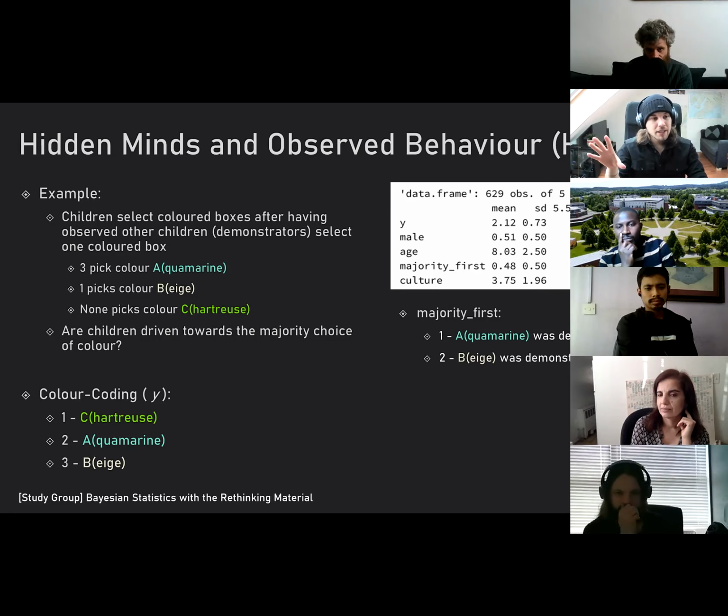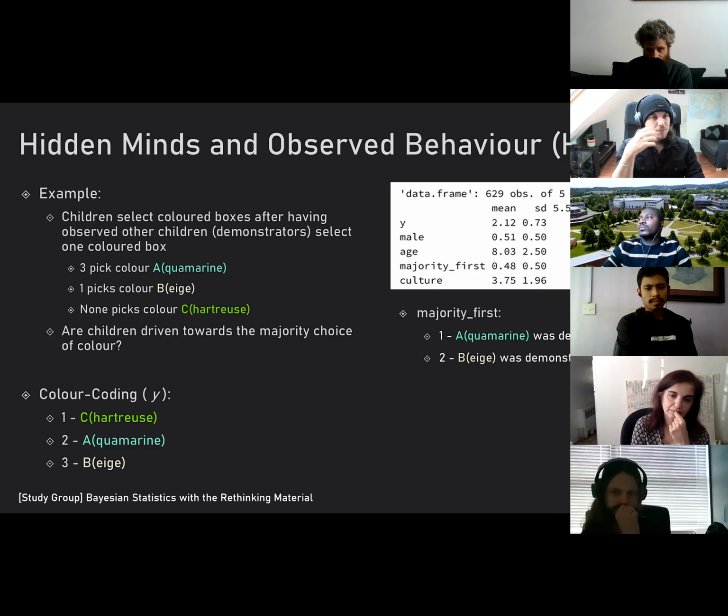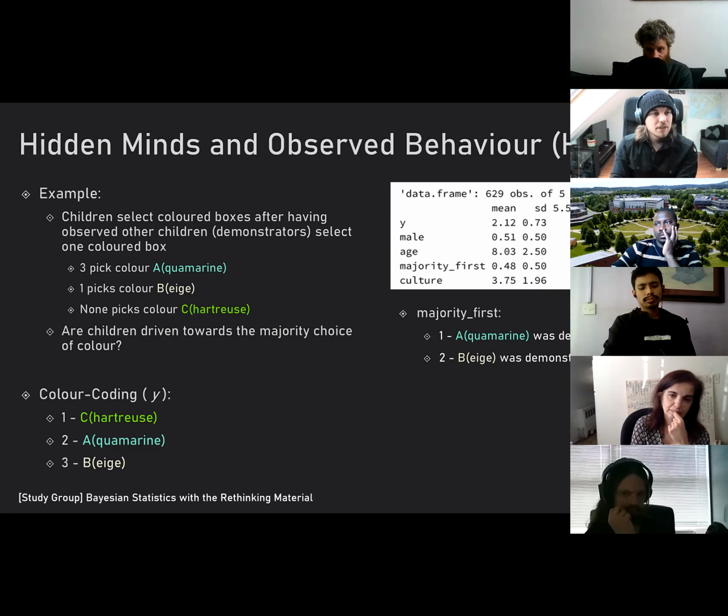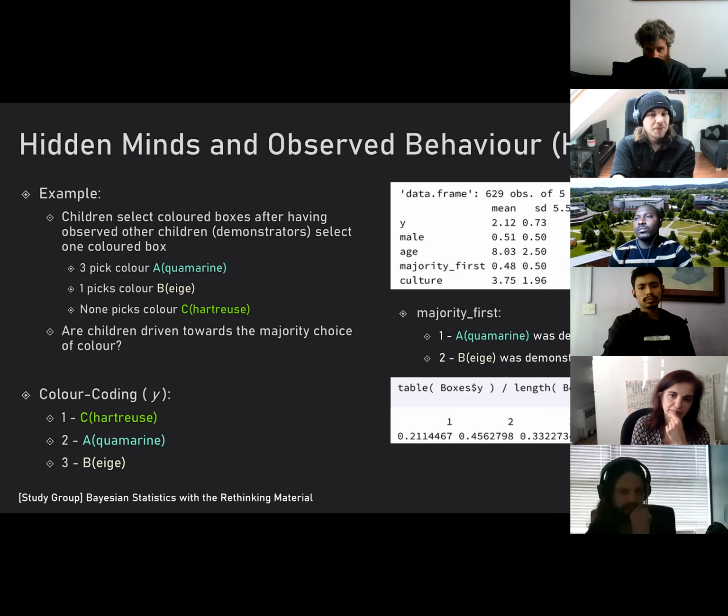So drawn first meaning the 4 kids that went into the room that our observed kid observed itself, which box did they pick first? Did they pick the majority box first, or did they pick a minority box first?